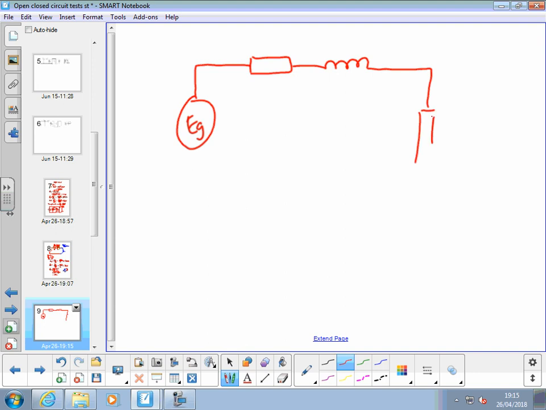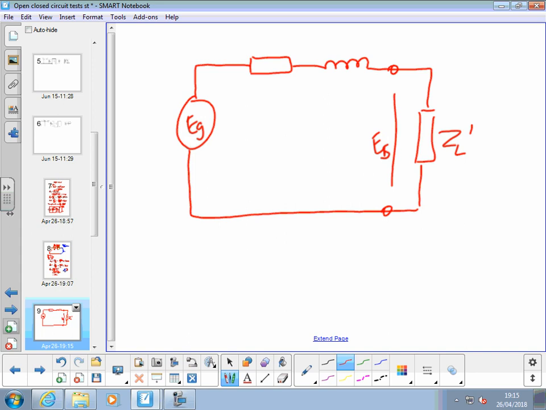We can connect any load, that's ZL dash there. And these are going to be effectively the ES terminals, the secondary terminals. It's ES dash as it stands. Let's transfer to the secondary.